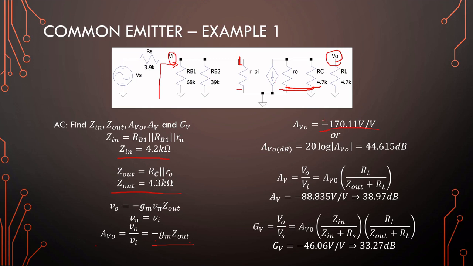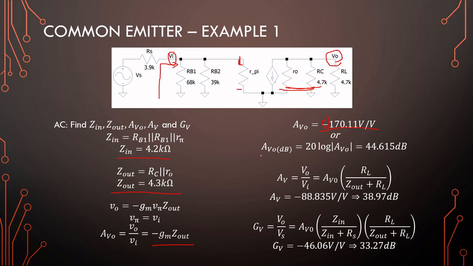The negative here shows us that the output will be inverted from the input. Okay, so it's 180 degrees out of phase. And we've seen with the small signal parameters that we should see some form of inversion because the slope was downwards. Okay, it was a negative slope.